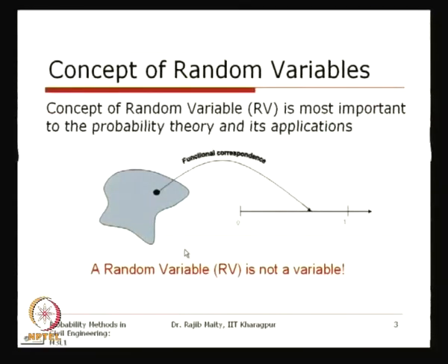As we were just saying, the concept of the random variable, which is abbreviated as RV, is most important to probability theory and its application. Now, if this shaded area you see here is a sample space, then this sample space consists of all feasible outcomes of one experiment.